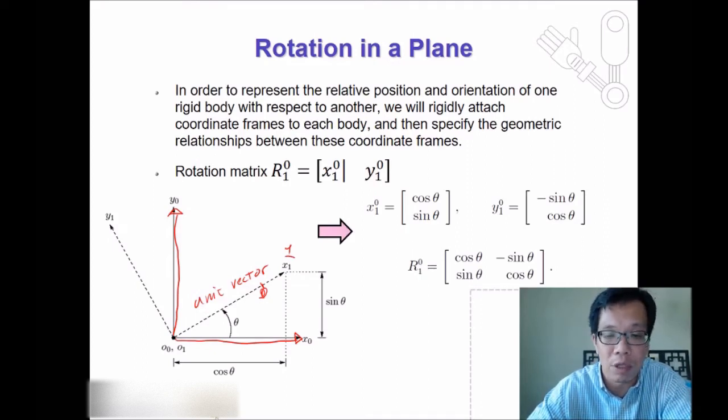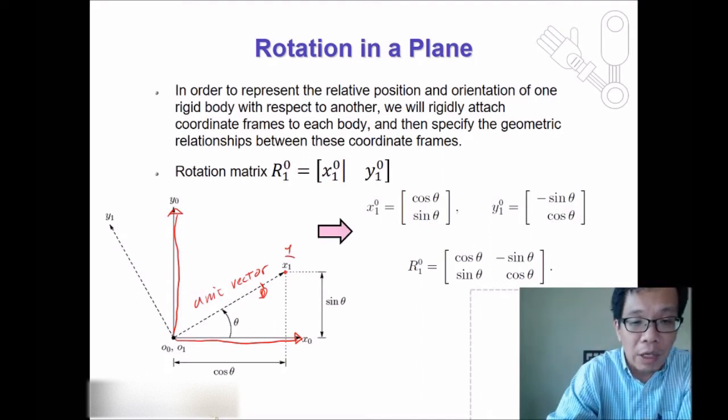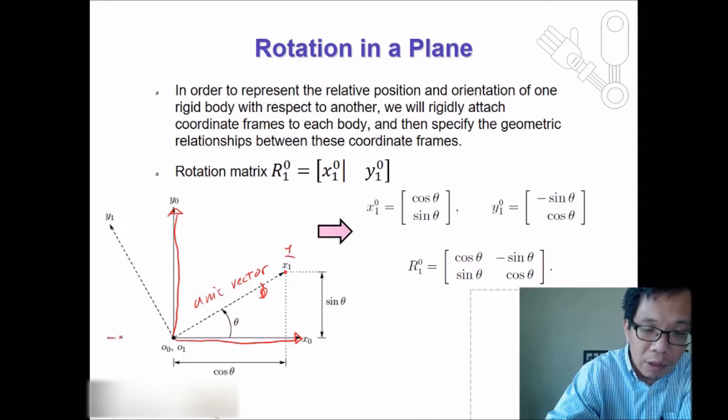So if you try to describe the position, which is 1 in x1 description, it is simply cosine theta in x direction, sine theta in y direction. Same over here. If you try to describe unit vector along y1 direction using the frame x0 and y0, then this is going to be sine theta, because when this is theta over here, theta must be over here.